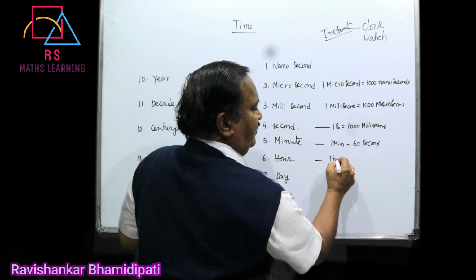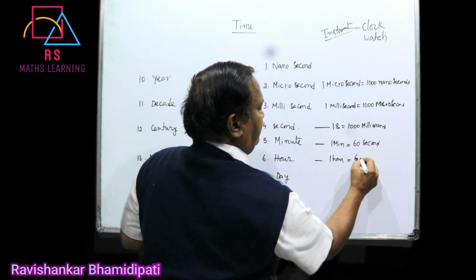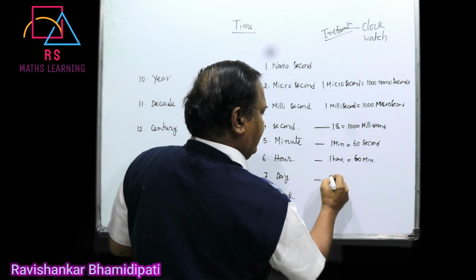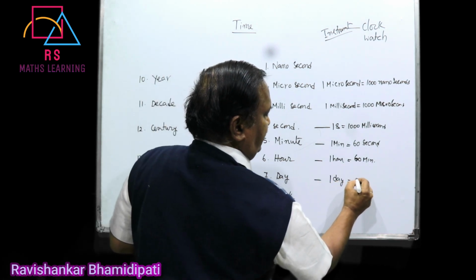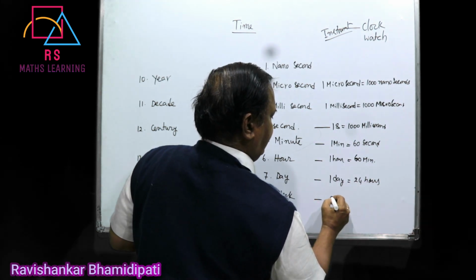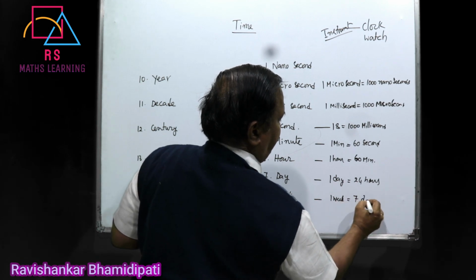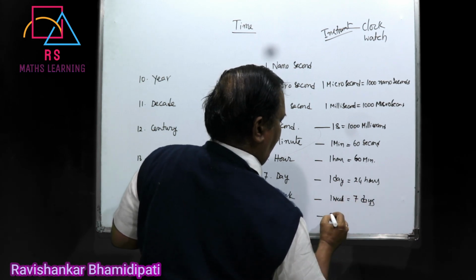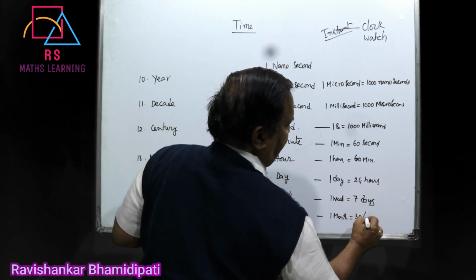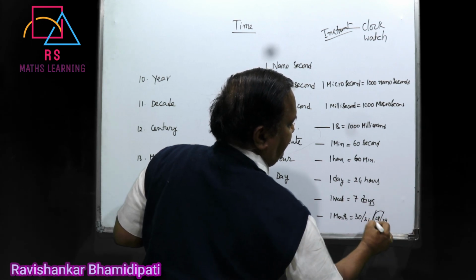So here 1 hour is equal to 60 minutes. 1 day is equal to 24 hours, and 1 week is equal to 7 days, and 1 month is equal to 30, 31, sometimes 28, sometimes 29 days. This is February.